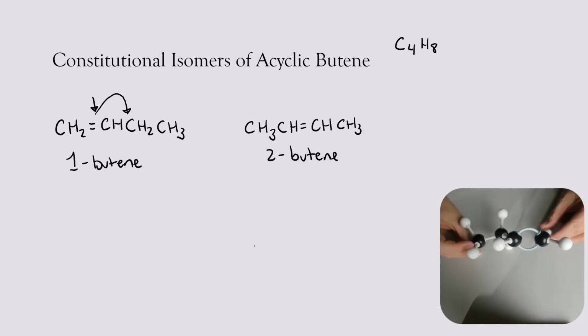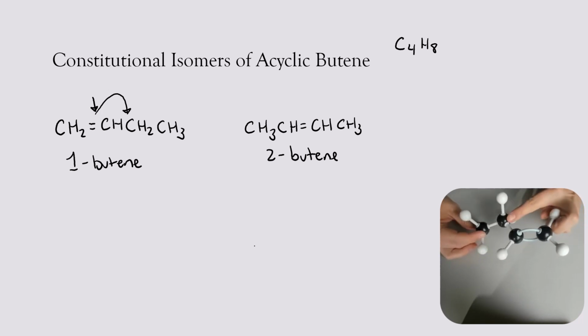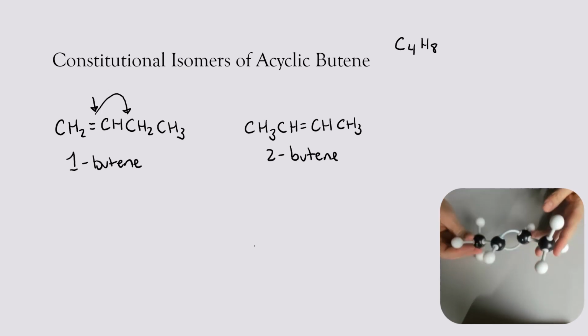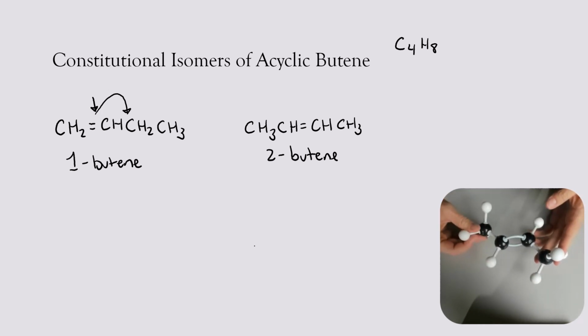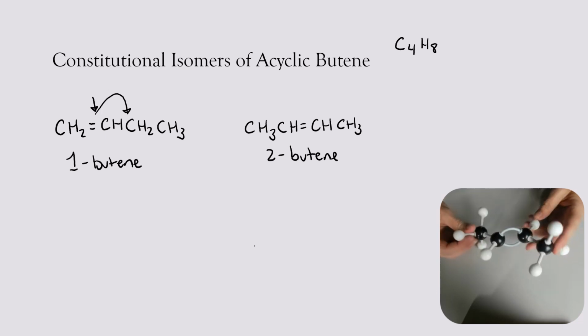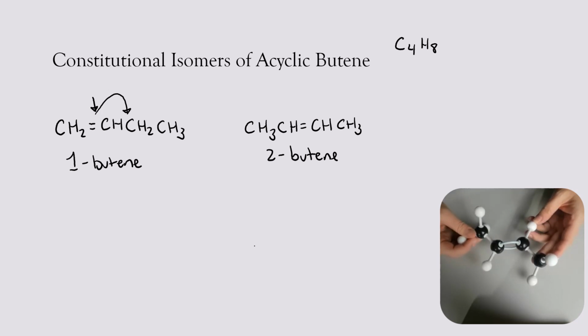So when we have 1-butene, it has a particular shape and it will have particular properties. But when that double bond gets moved to carbon 2, so between carbon 2 and 3, it changes the shape of this molecule, and that will also change the physical and chemical properties, making it an isomer of the 1-butene.